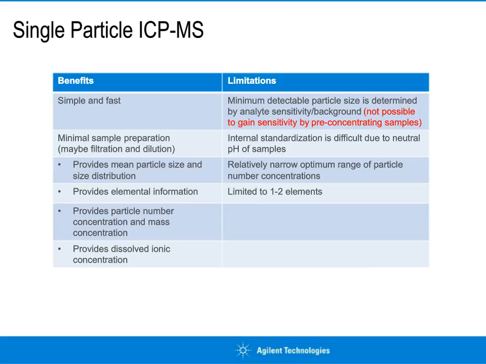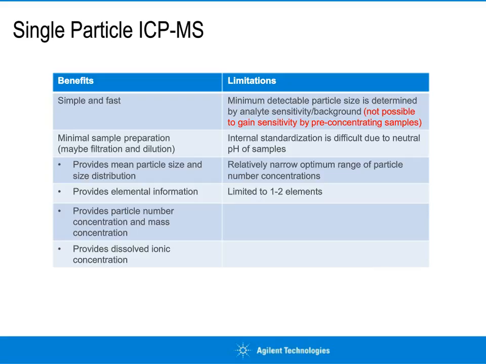It does have some limitations, though. An important one is that the minimum detectable particle size is determined by the analyte sensitivity to background for the instrument. And it's not possible to gain sensitivity by pre-concentrating the samples as you would with other techniques.